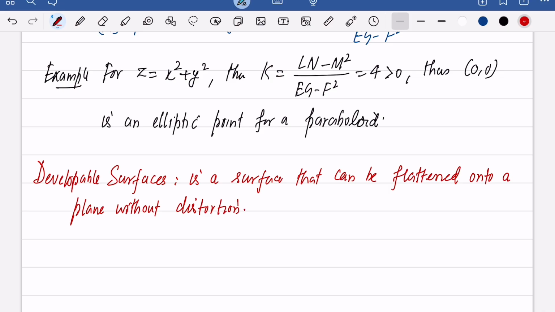Therefore, it is a surface whose Gaussian curvature is equal to 0, or we can call it a ruled surface whose Gaussian curvature is equal to 0. A ruled surface is a surface that can be generated by sweeping a straight line through space, or we can also think of it as a surface made up of a continuous family of straight lines.